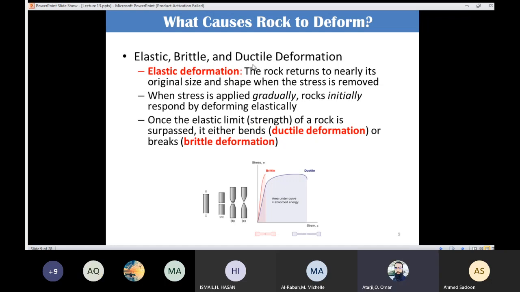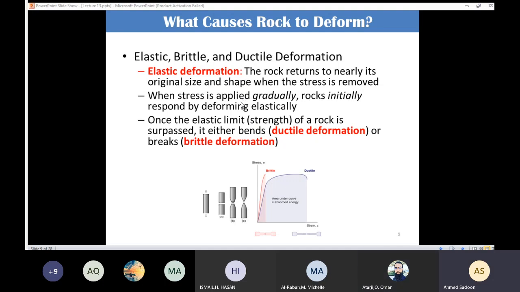I have a question, Doctor. Yes, please. Usually we deal with ductile and brittle with tensile stress. But do we apply the same concept for compression stress? Applying the compressional stress, we are going to see this in the next section.